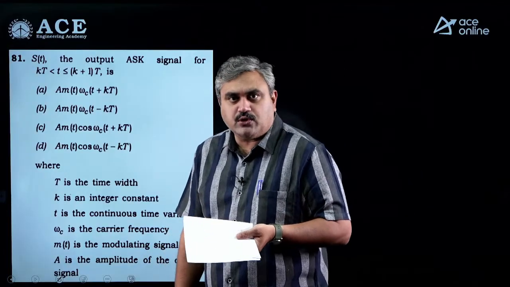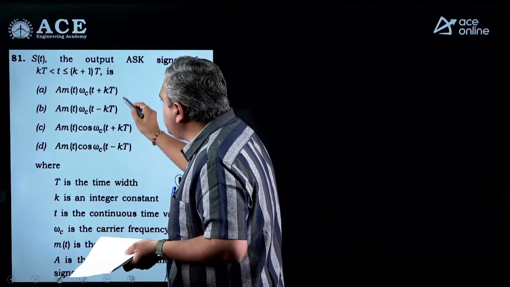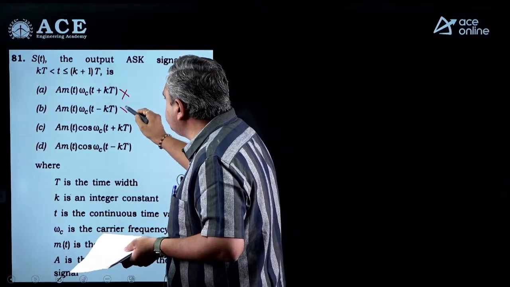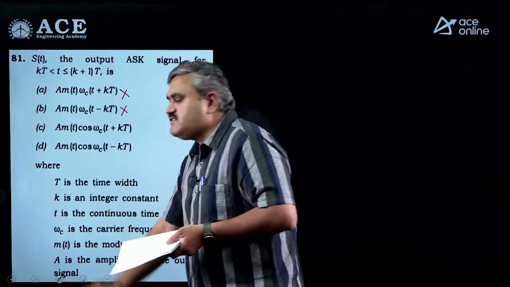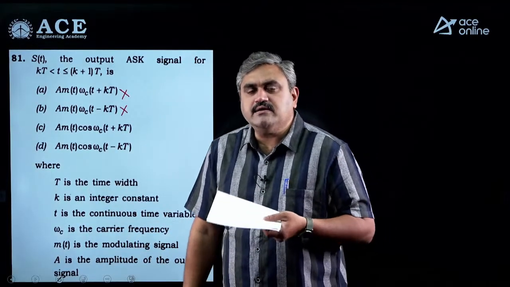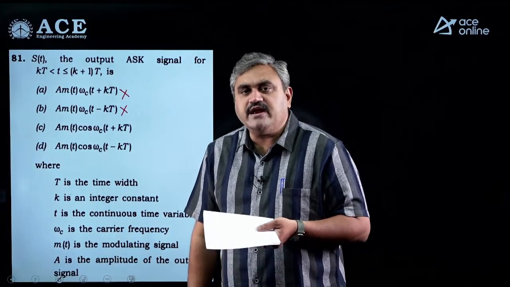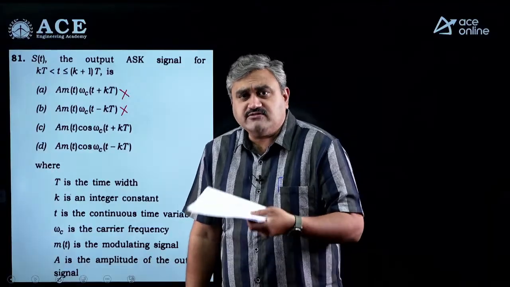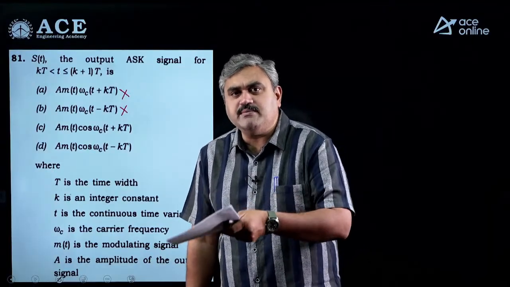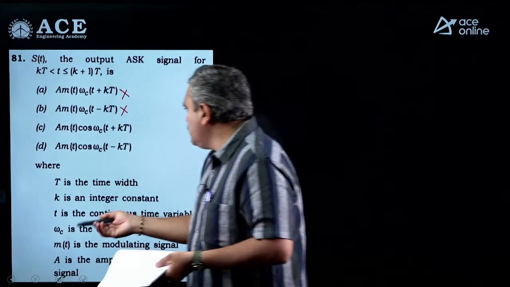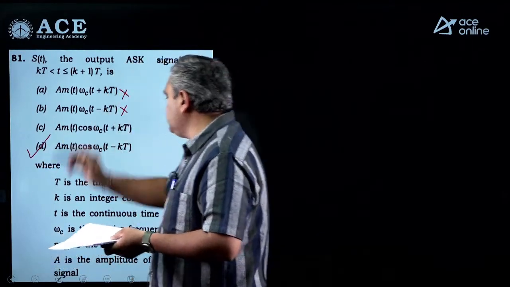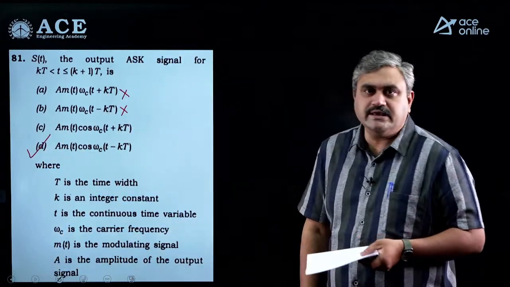Carrier signal is single tone, cos. So you can straight away remove these options. Only possible choice can be either C or D. Generally when you write in 1 bit duration, we will write cos omega ct. For the next bit duration, it will be cos omega c into t minus T. Delay will be there. So most of the chances are there for option D. Okay.